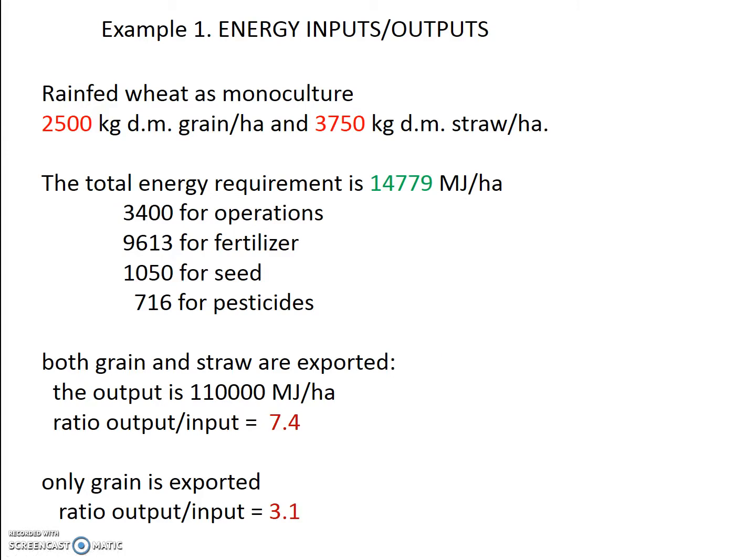Let's see some examples. The first is a monoculture of rain-fed wheat with an average yield of 2.5 tons per hectare of dry matter grain and 3,750 kilograms of dry matter in straw.